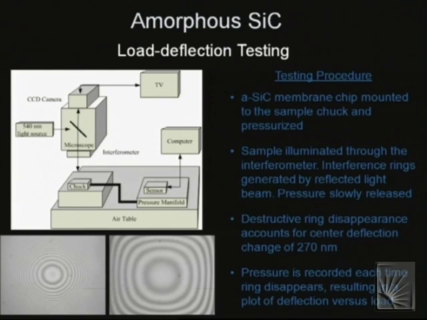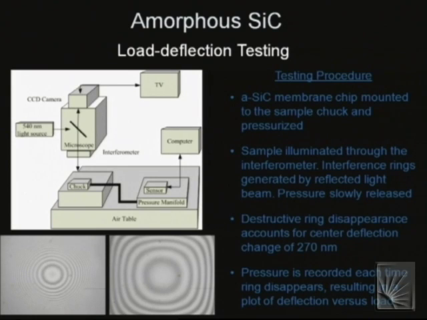What we do with these membranes is we load them with pressure, and we look at the load deflection behavior, and from that we are able to extract the residual stress and the effective modulus. And in my lab, we have an instrument that makes this measurement relatively easy to perform. We have an interferometer that's mounted to a microscope.